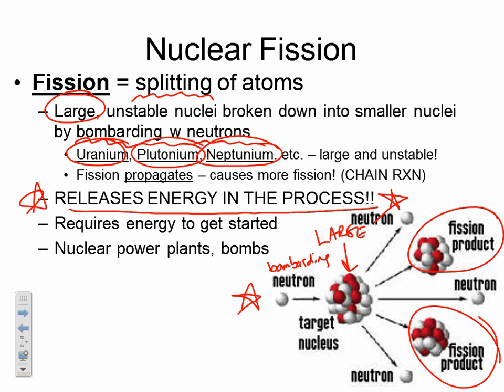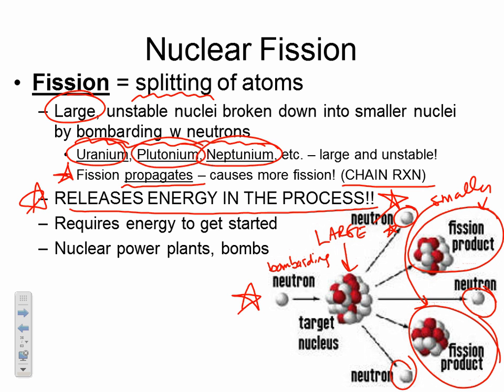So this is big, and these guys are smaller. But it's also giving off additional neutrons, and that goes to this point where fission propagates, meaning if you just start a fission reaction, it will keep itself going, i.e. it will be a chain reaction, because this neutron that came off can then split another atom, and it keeps on going.